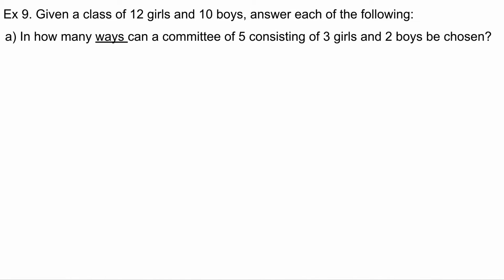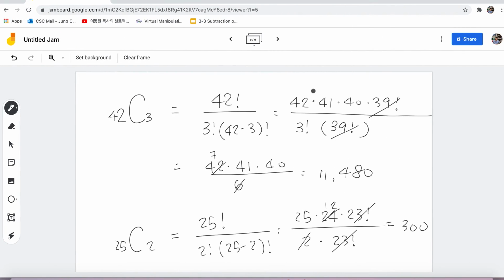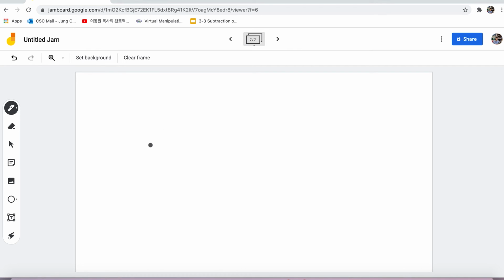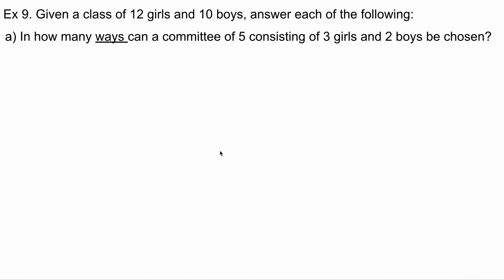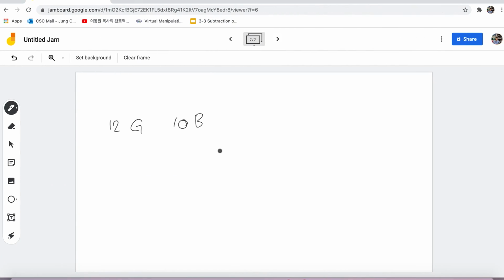And a committee of 5 consisting of 3 girls and 2 boys. So let's write that. There are 12 girls and 10 boys, but you are choosing 5 in total, where 3 girls and 2 boys are the committee members.